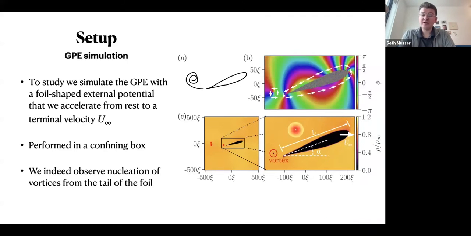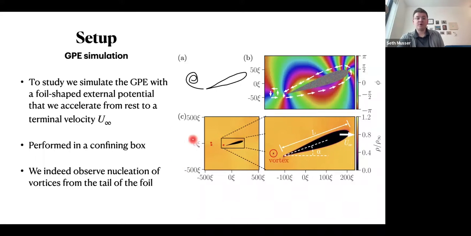The length of the foil is L, its angle of attack is alpha, and its speed is U. I'll mention here, our characteristic length is the healing length, which is roughly the size of one of these quantized vortices, as you can see here.